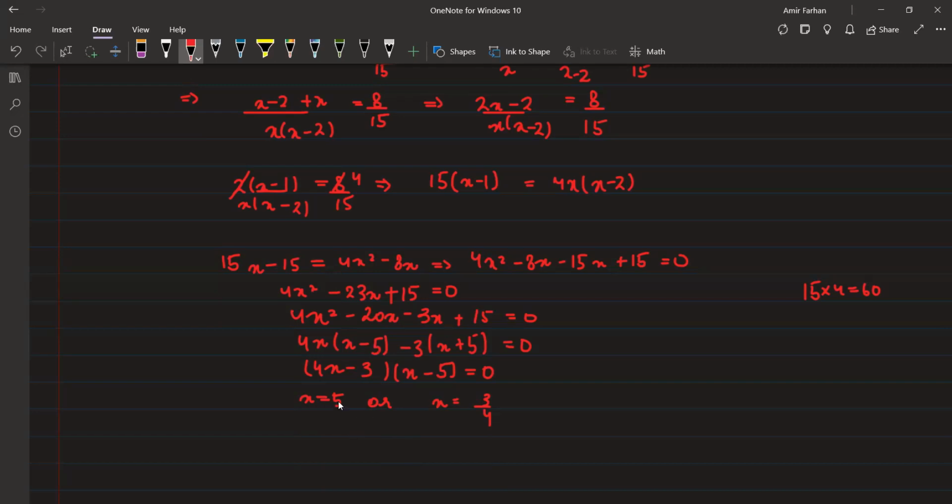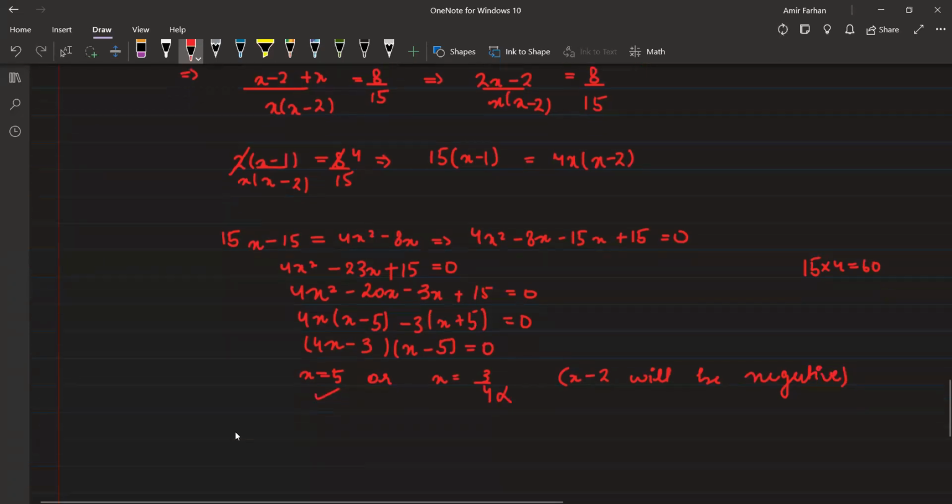So you can see this thing. If you take minus 3 by 4, your x minus 2 will be negative. So that's why this one is discarded, and this one will be taken.